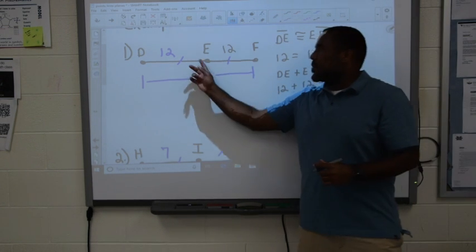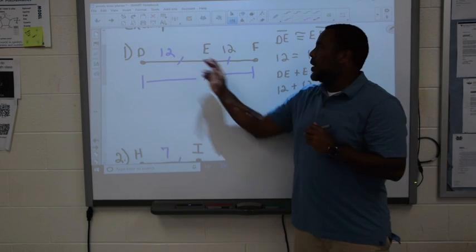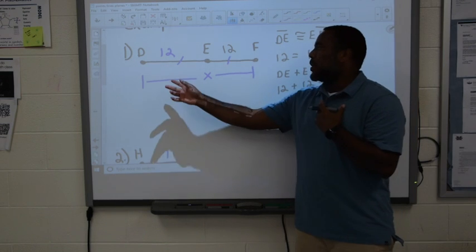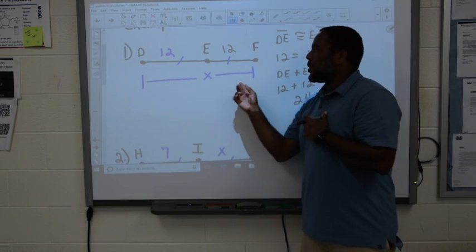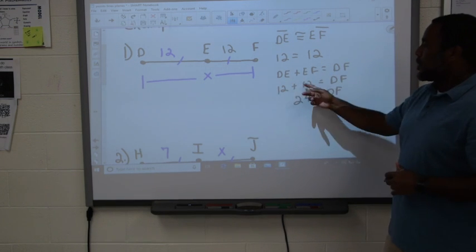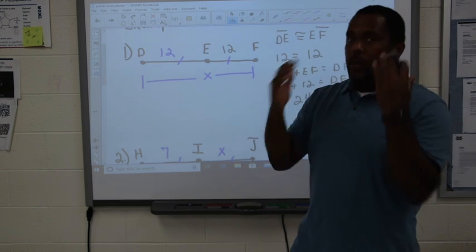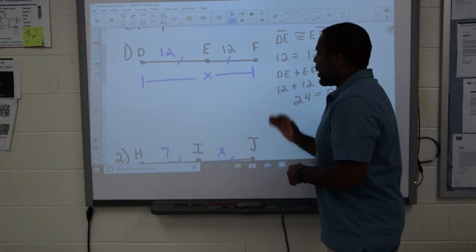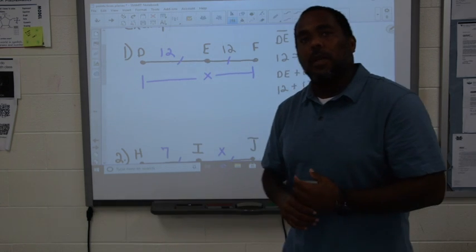We realized that E was a midpoint, so DE was 12, EF was also 12. We then said, okay, the segment addition postulate says DE plus EF is equal to the whole thing DF. We just substituted those in and said 24. Yes, I understand that some of us could probably do that in our head, and pretty quick, but we want to show all of our work. There's more to that as we go a little bit later on.